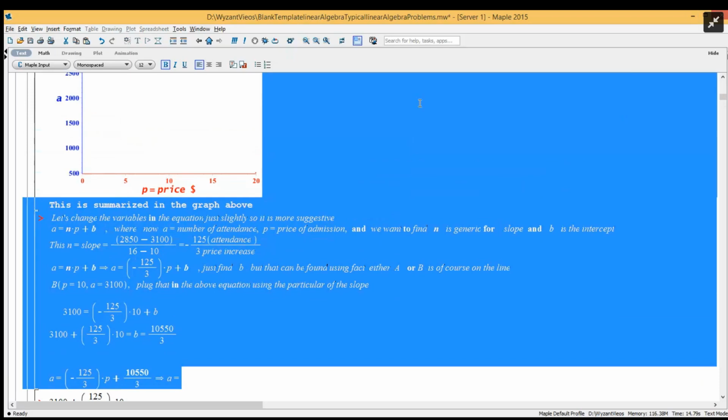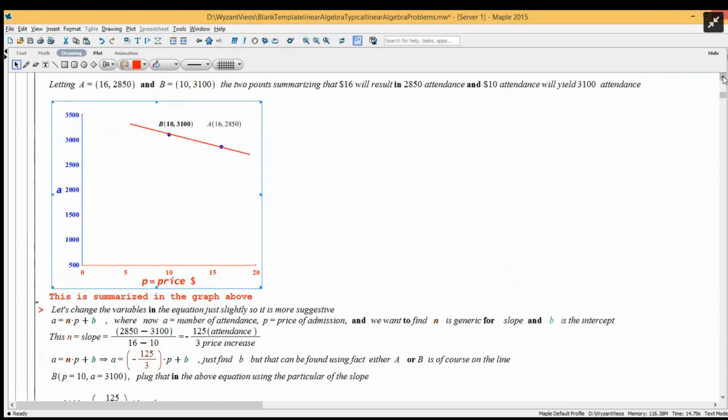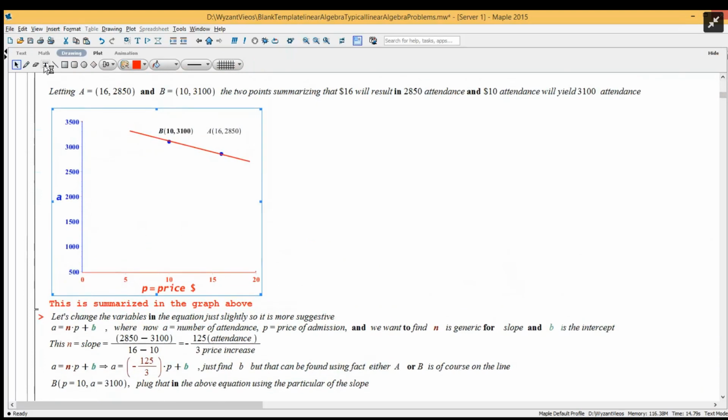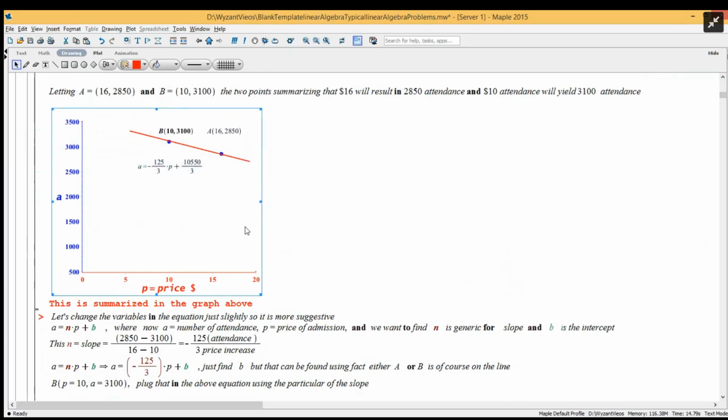The equation of this line is A equals minus 125 over 3 times p plus 10550 divided by 3. Okay, that's all there is to it. I hope that made sense.